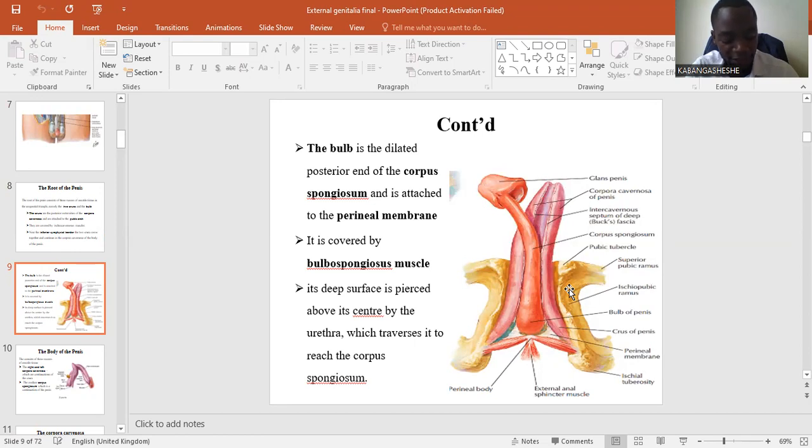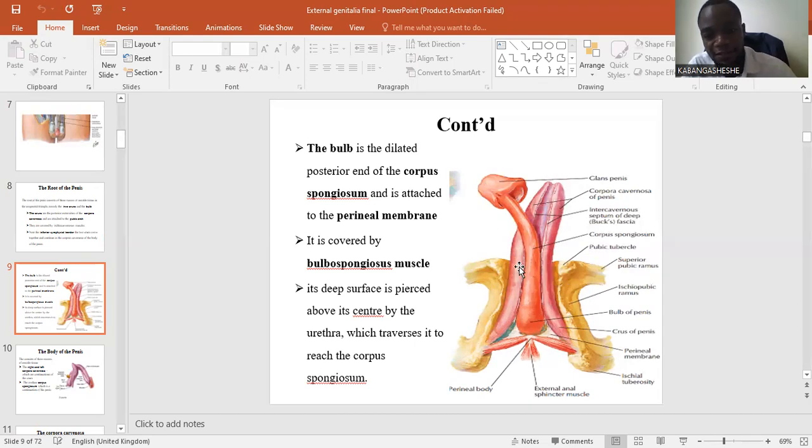So the Buck's fascia surrounds the three erectile tissues, that is corpus spongiosum, left and right, and corpus cavernosa. Corpus cavernosa, left and right, and corpus spongiosum, which is just singular at the bottom there. Unless some disease occurs where the connective tissue is removed, that's when the three tissues can separate from each other.